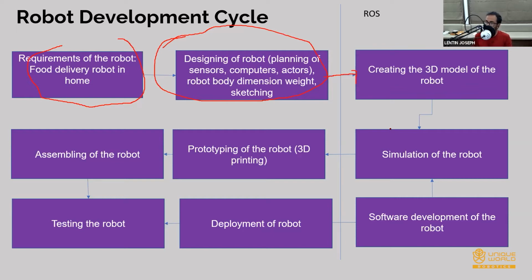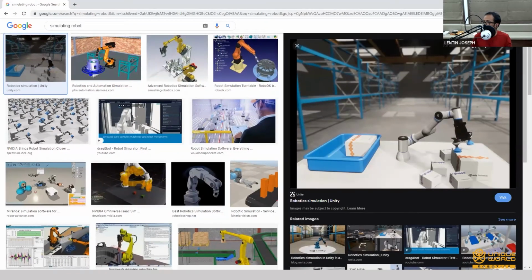What you are going to do is simulate the robot, which is one of the important parts of robot development. Simulation means, I think you may have seen this kind of thing, maybe I can show. Instead of creating the actual hardware, you are working in a virtual world in order to test or validate your design.